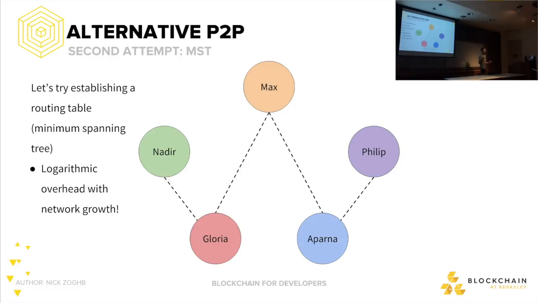That is so much overhead. You need to connect a new person to Max, Nadir, Gloria, Aparna, and Philip. Then the next new person needs to be connected to all those people plus the first new person, and so on and so forth. But here you only make basically a couple of connections every time a new person joins, just enough to maintain this minimum spanning tree.